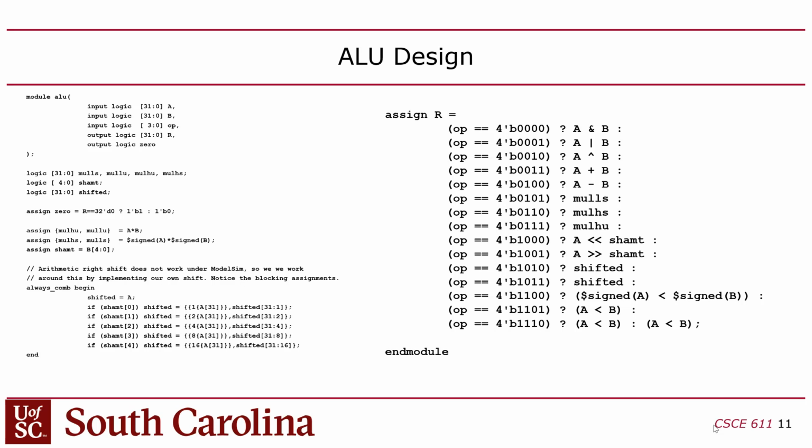And then this block of code is actually kind of a hack that we put in because, I don't know if this is still the case, but when we did this last semester, ModelSim wasn't performing the right arithmetic shift correctly based on just using the greater than. So this little block of code just performs the behavior of a right arithmetic shift. So it's a right shift, and it shifts in the sign bit.